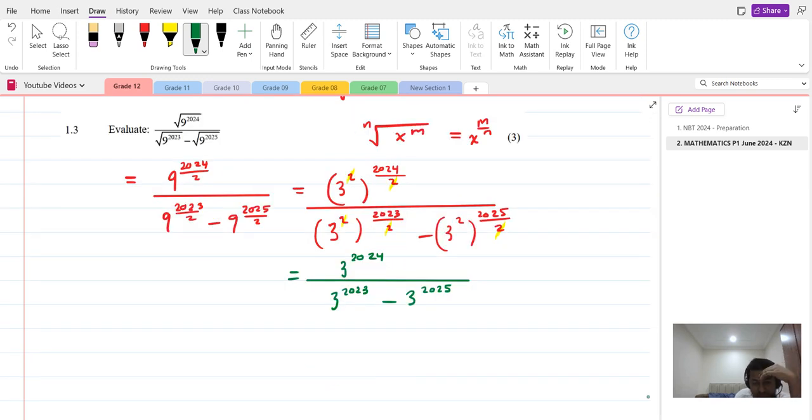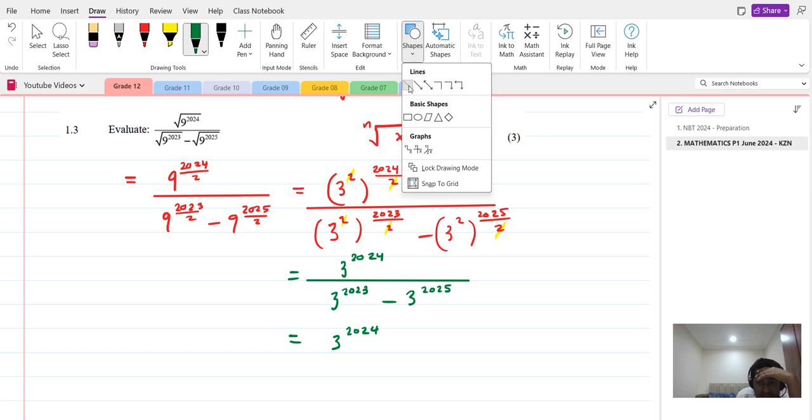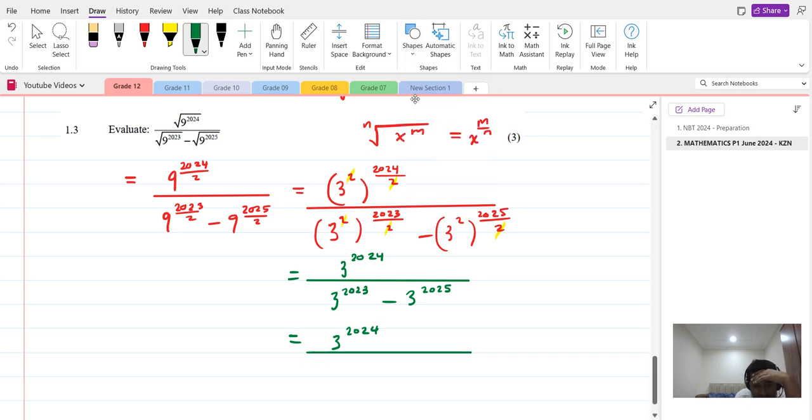What we can do is take out the HCF in the denominator. So 3 to the power 2024 remains on top. Take out the HCF in the denominator, which is 3 to the power 2023. 3 to the power 2023 can go into both. So you got this divided by this, the HCF being 1.